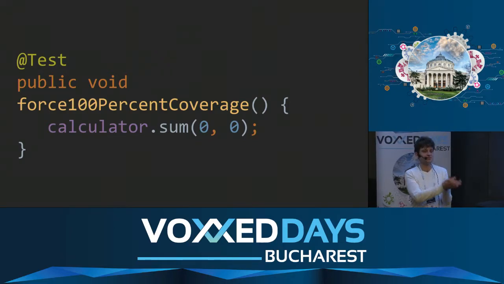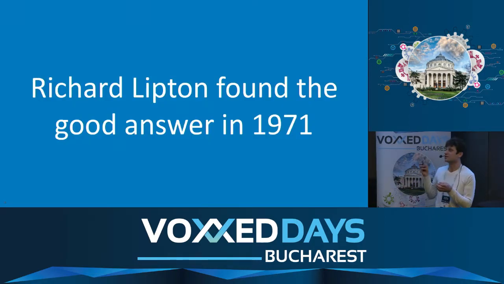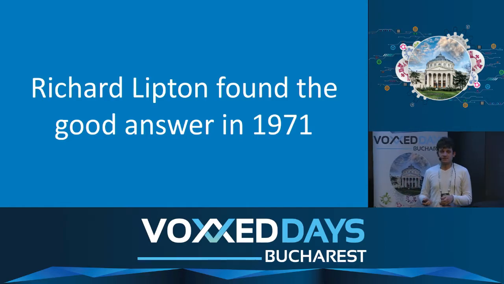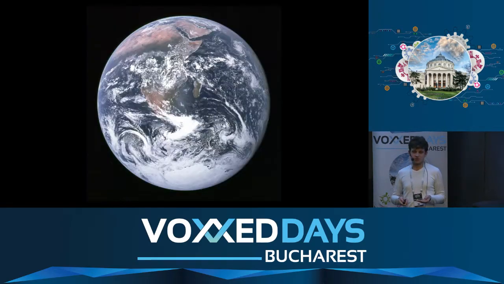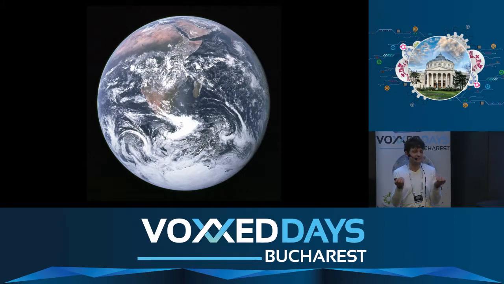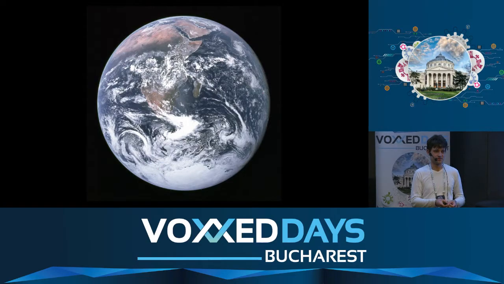And luckily, the something better came in 1971. There was a guy called Richard Lipton, and he found a good answer. He wrote a paper about it. He asked a more fundamental question: what is testing for? How would NASA be better if they tested their spacecraft?